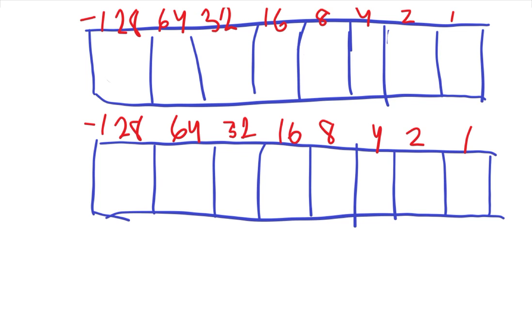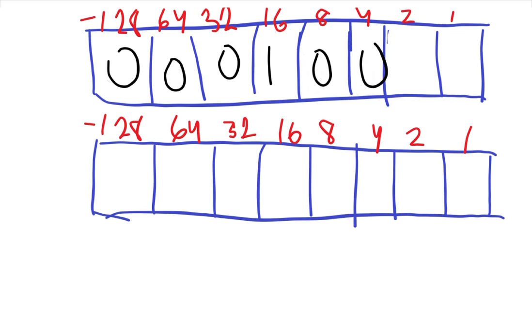The positive binary number 19 can be written in the 2's complement format as shown: 0, 0, 0, 1, 0, 0, 1, 1. We can see here that 16 plus 2 plus 1 is equal to 19.